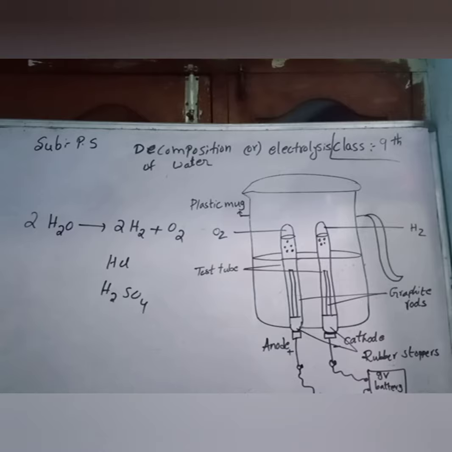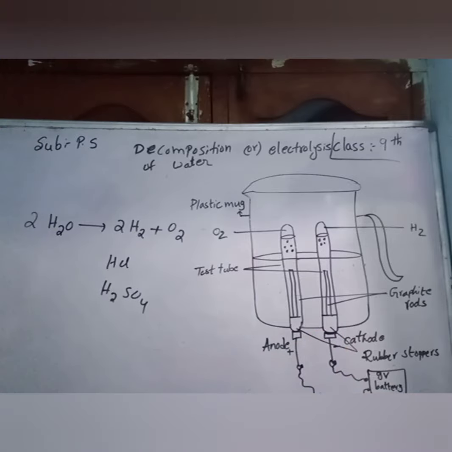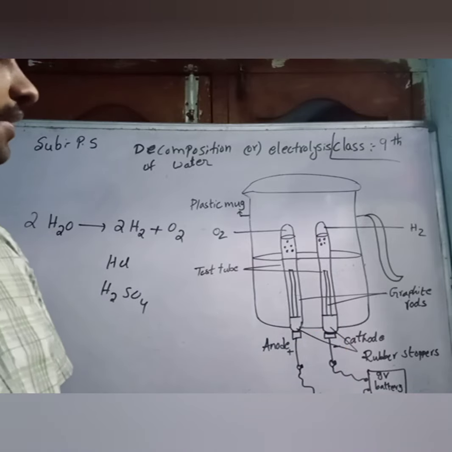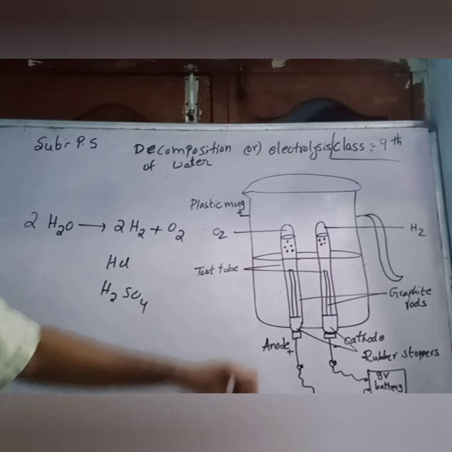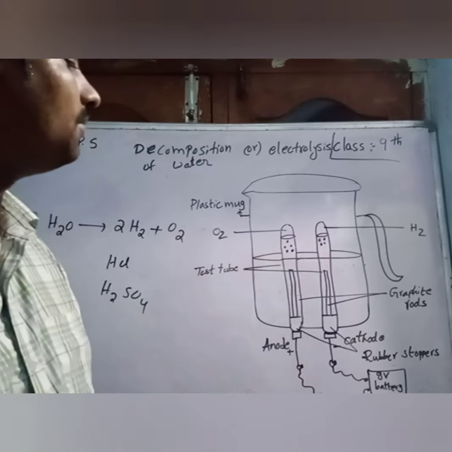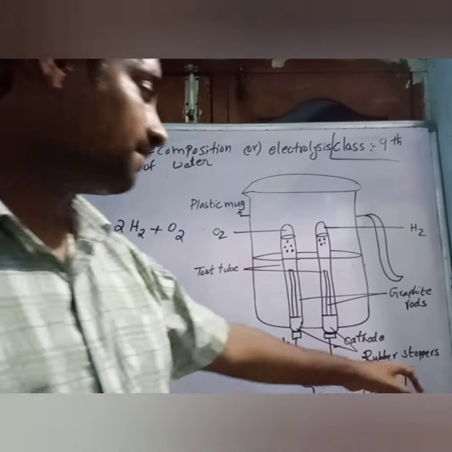Now first take a plastic mug and make two holes in the bottom of the plastic mug. Now place two graphite or carbon electrodes like this. These two holes are closed with rubber stoppers.